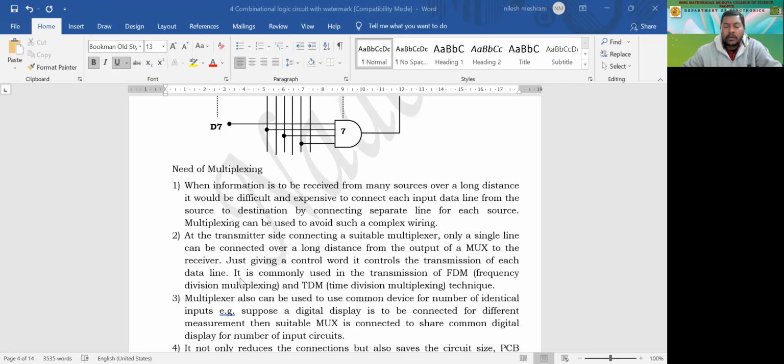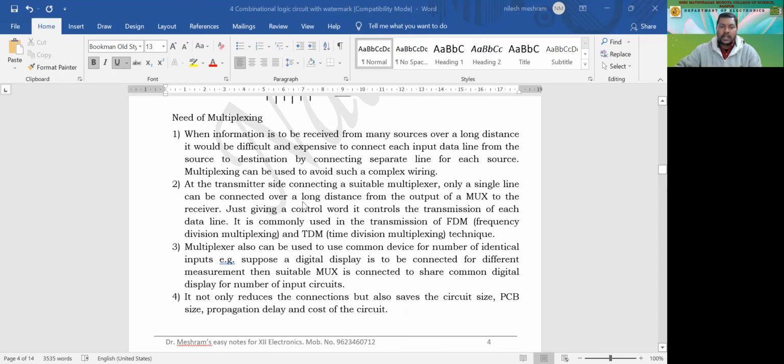If you needed to connect all those lines which are connected to Jeripatka, it would be very cumbersome and expensive. So we connect all those lines, and we select one line to transfer from Jeripatka to Birdie. This is very less expensive as compared to many inputs. So this is another advantage or application.